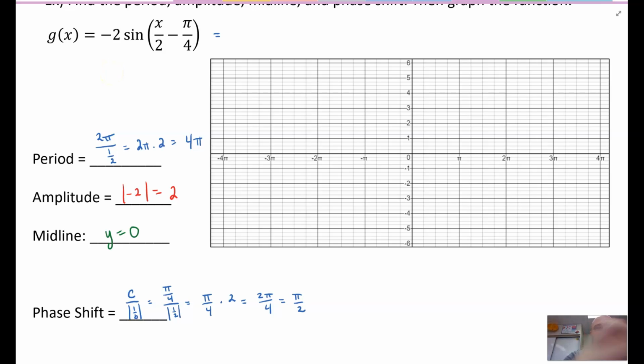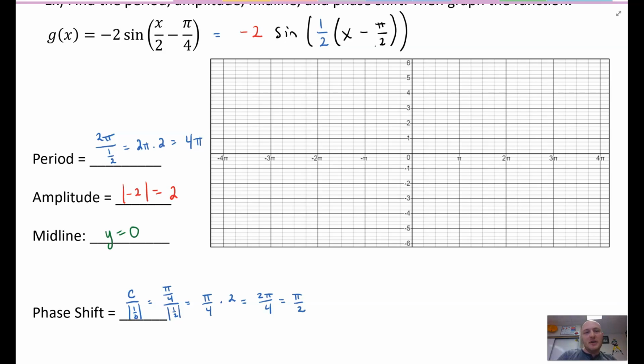If I have an a value that's -2, and then my function, sine of, I'm going to factor out your 1 over b value first, isn't it 1/2, times x minus, and then here I have my actual phase shift, your actual h value, so this is pi over 2. Now, you don't have to write it this way, and if this is going to confuse you, don't worry about it, but maybe try to think about what I'm saying here.